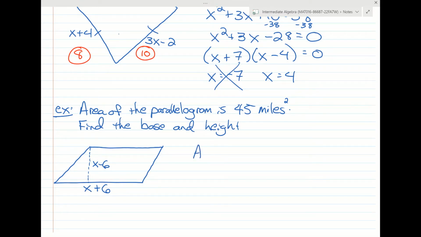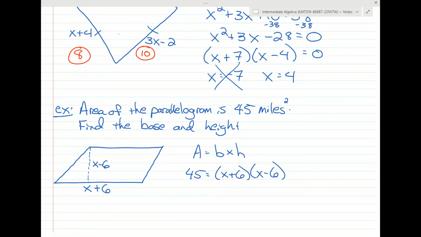The area of a parallelogram is always just base times height, even if it's a shape like this, rectangles, squares, even something like this. So we know the base is x plus 6. We know the height is x minus 6. And we know the area of the whole thing is 45.